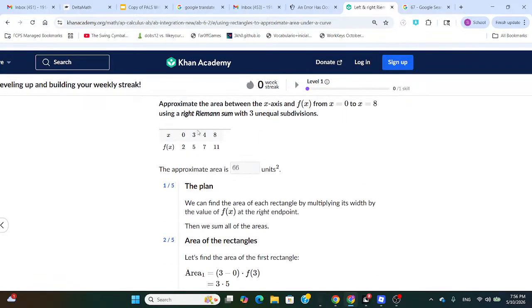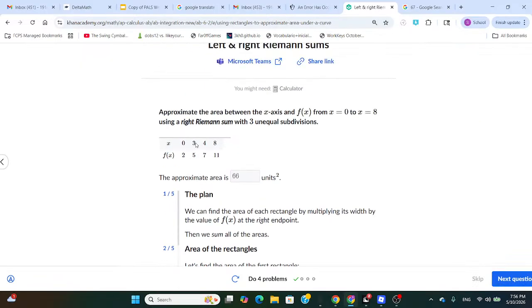Oh my goodness, I actually remember now. So you do 3 minus 0 is 3 times 2. 4 minus 3, it's like a little triangle. So 3 minus 0 is 3, then times 2 is 6. Then 4 minus 3 times 5 is 5.